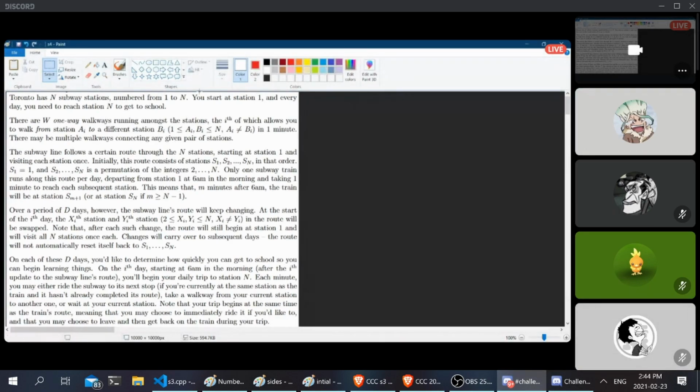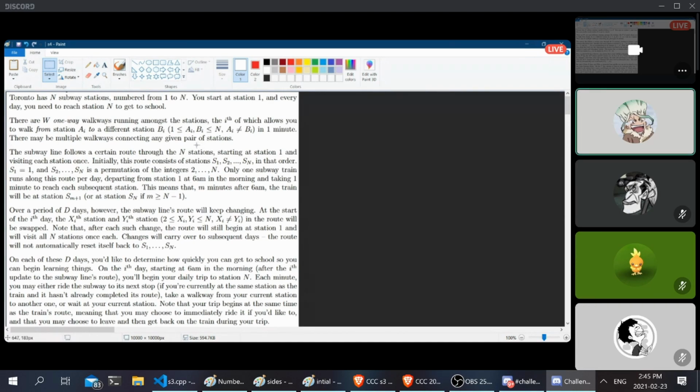All right. So the question states that Toronto has n subway stations that are numbered from 1 to n. So you start from station 1, and every day you need to reach the station n to get to school. And there are W one-way walkways running amongst the stations, the ith of which allows you to walk from station A_i to a different station B_i in 1 minute.